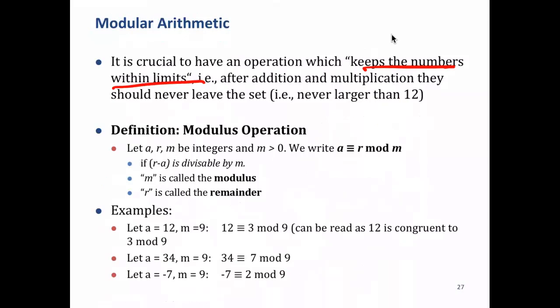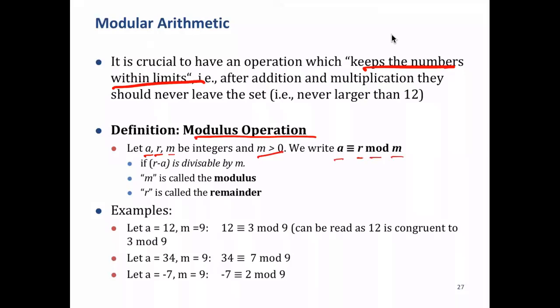Okay, so the definition of modulus operation is that given a, r and m, where m is greater than 0, we say a is congruent to, or we also use equivalent, r mod m.